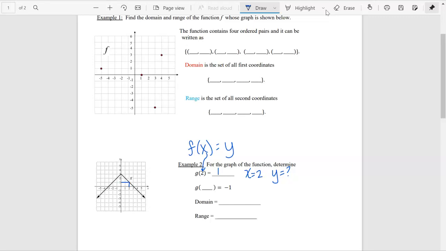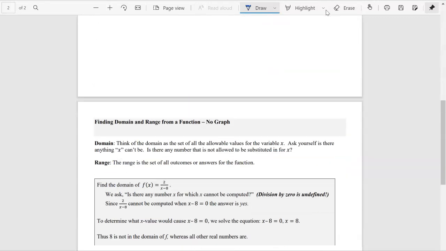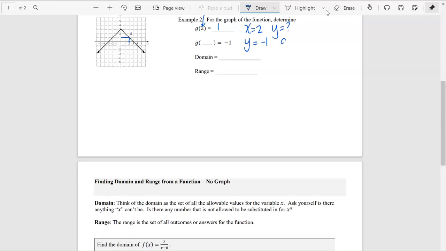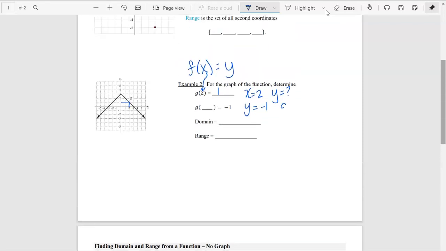Okay, so the next question is backwards. It's saying, now we know y is equal to -1, so what is x equal to?